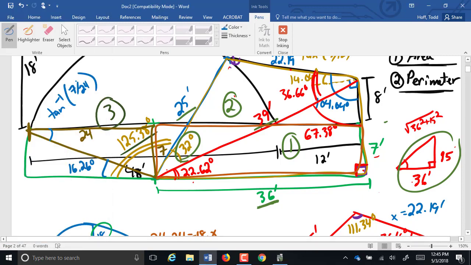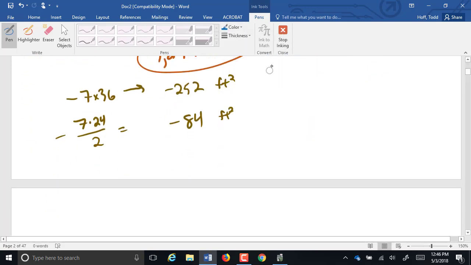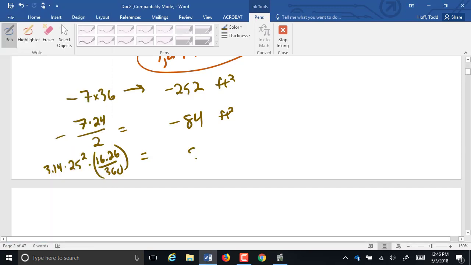So that sector that we've got to subtract out is pi times 25 squared times 16.26 over 360. That's 88.64.